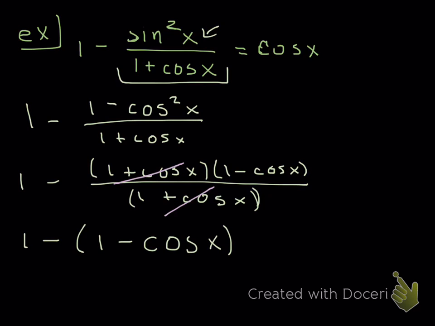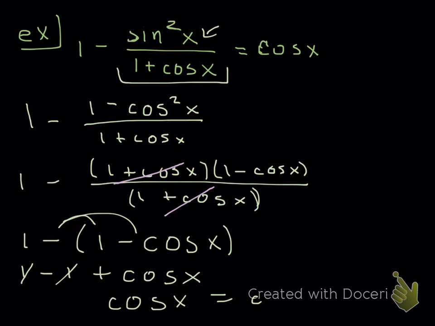Notice I kept it in parentheses because you have to distribute this negative out front. So this will become 1 minus 1 plus cosine of x. And the 1's are going to cancel, and I'm simply left with cosine of x. So I've verified the identity.